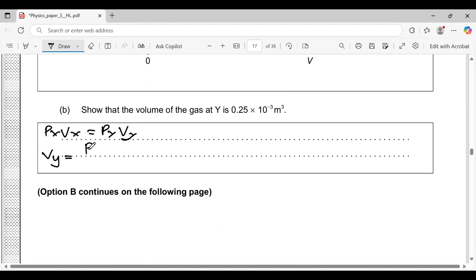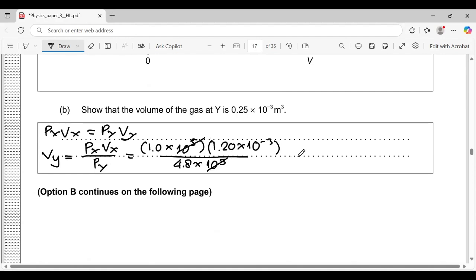So it's going to be Px Vx over Py. It becomes 1.0 times 10 to the power 5 times 1.20 times 10 to the power minus 3 over 4.8 times 10 to the power 5.